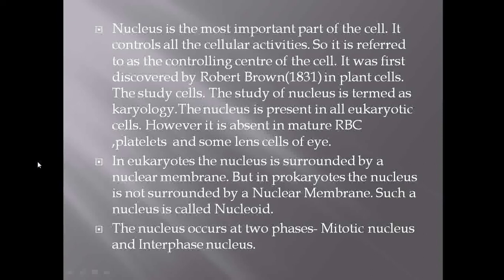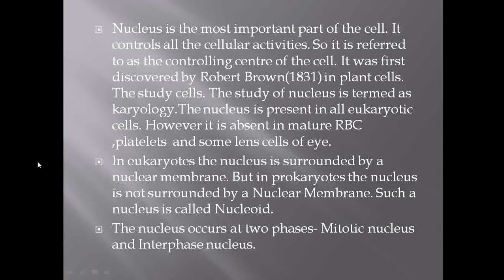The study of the nucleus is also called karyology. The nucleus is present in all eukaryotic cells; every eukaryotic organism has a nucleus in its cells. But it is absent in mature RBCs.